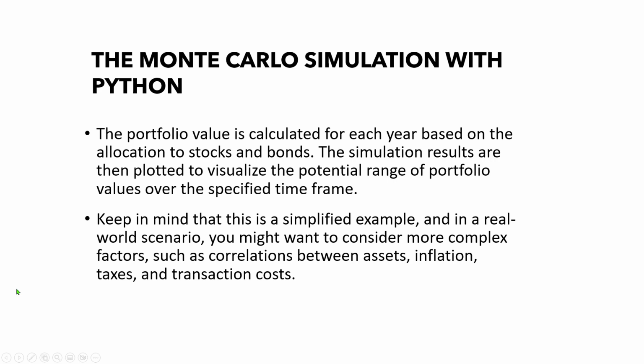The simulation results are then plotted to visualize the potential range of portfolio values over the specified time frame. Keep in mind that this is a simplified example, and in a real-world scenario, you might want to consider more complex factors such as correlations between assets, inflation, taxes, and transaction cost.